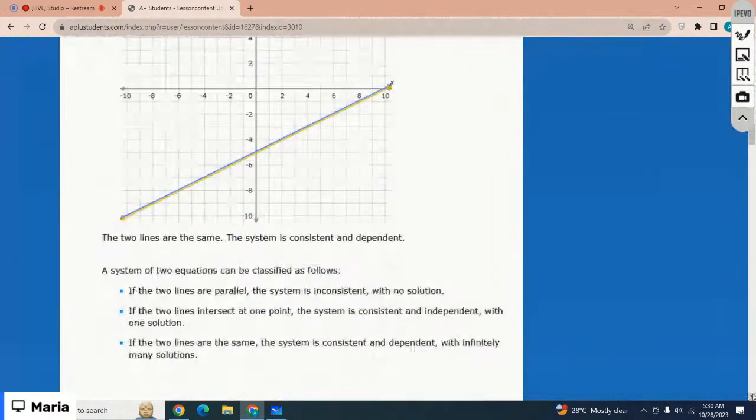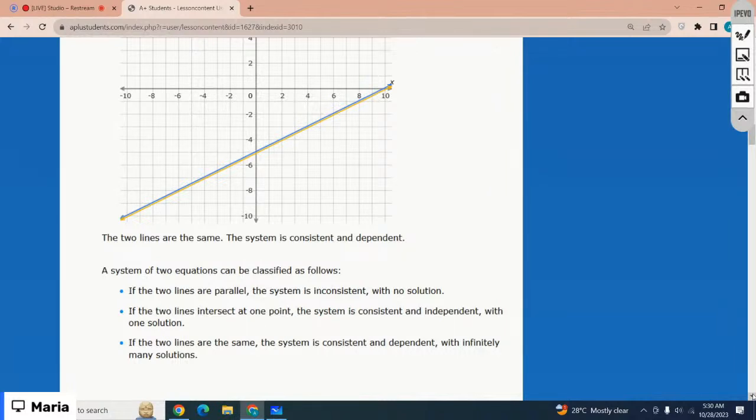If the two lines are parallel, the system is inconsistent with no solution. If the two lines intersect at one point, the system is consistent and independent with one solution. And if the two lines are the same, the system is consistent and dependent with infinitely many solutions.